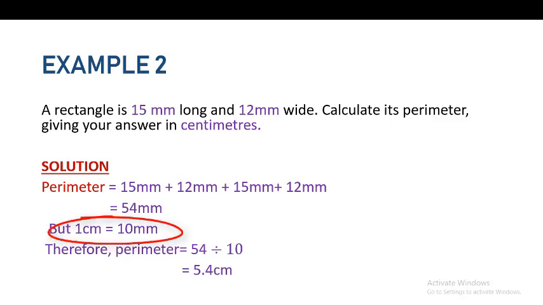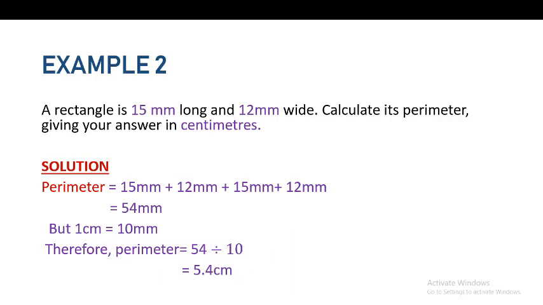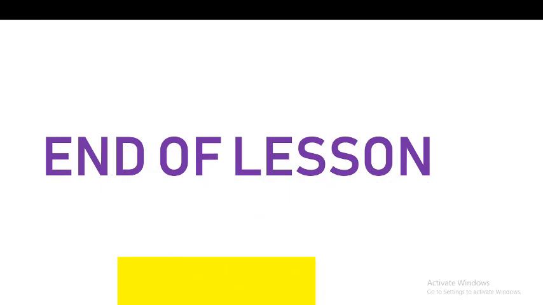So for us to change 54 millimeters into centimeters, we are going to divide by 10. Therefore, perimeter is equal to 54 divided by 10. The answer is 5.4 centimeters. So that is how we calculate the perimeter and change between units.